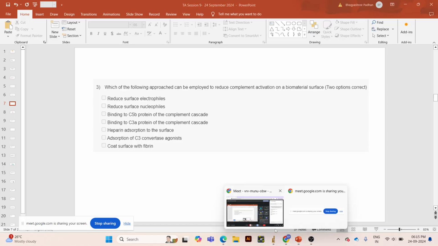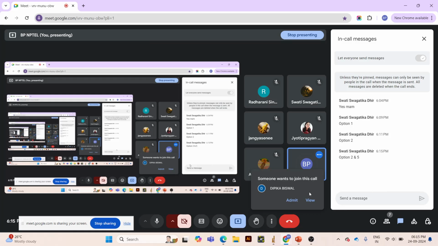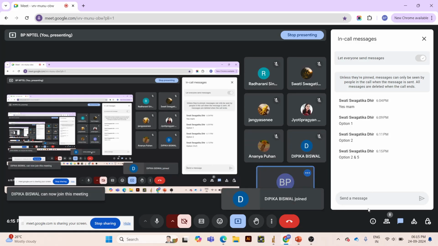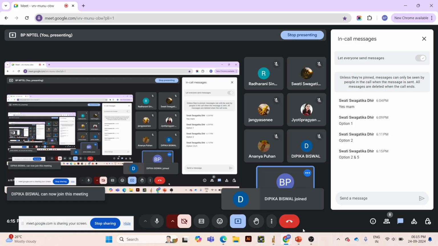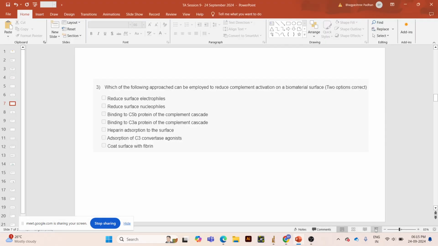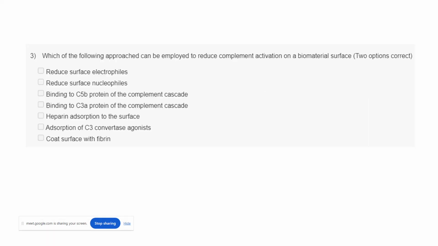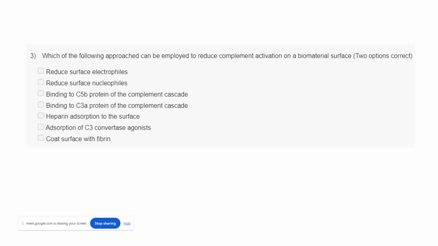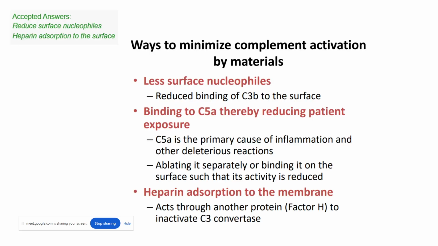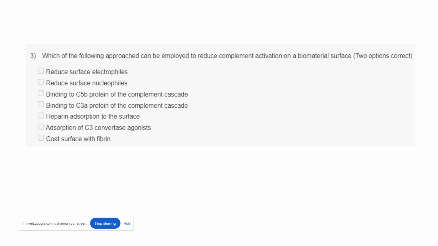Option 2 and 5. Okay. Yes, you are correct. Option 2, reduce surface nucleophiles, and option 5, heparin adsorption to the surface.